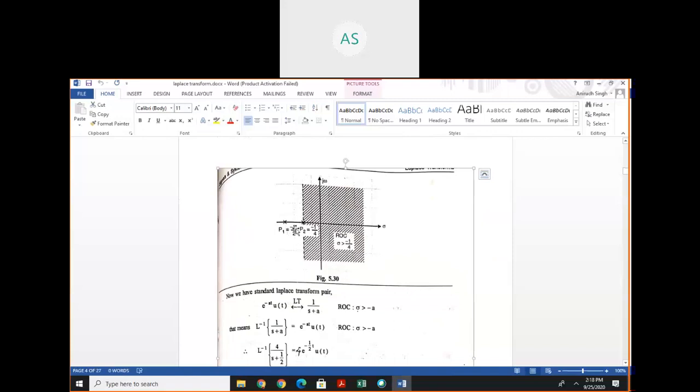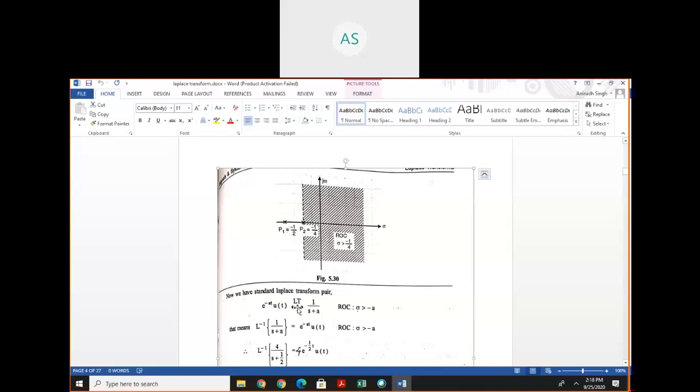These two poles are on the left hand side of the ROC. So it means that this is a causal system, and we can multiply the signal with u(t).